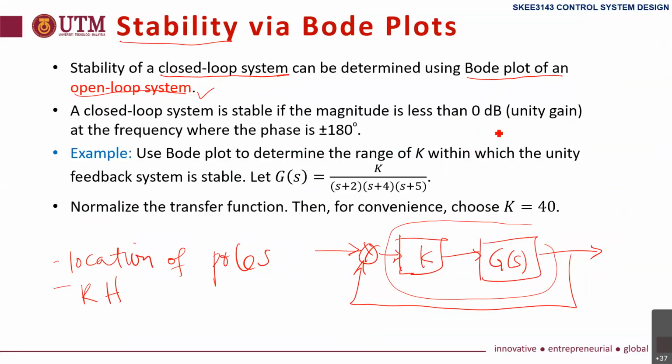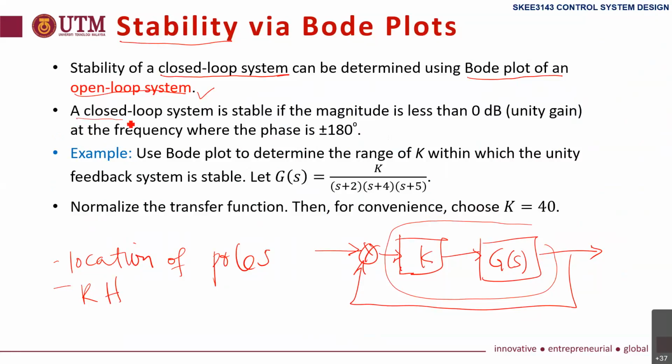The data of the open loop can be used to analyze the closed loop system. So stability of a closed loop system can be determined using the Bode plot of an open loop system. We draw the Bode plot of G(s), then we can determine stability of the whole closed loop system.